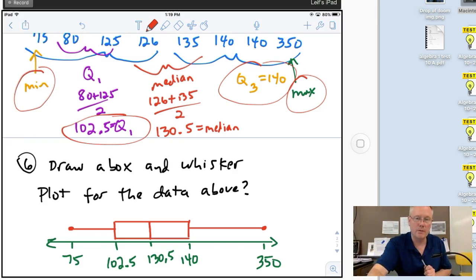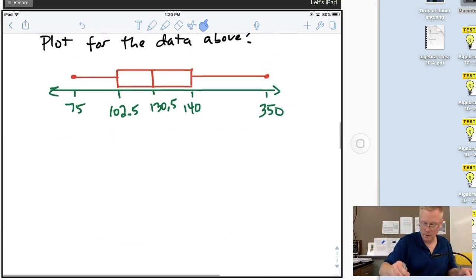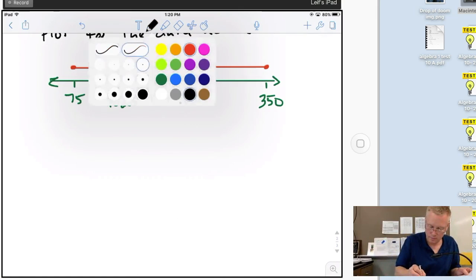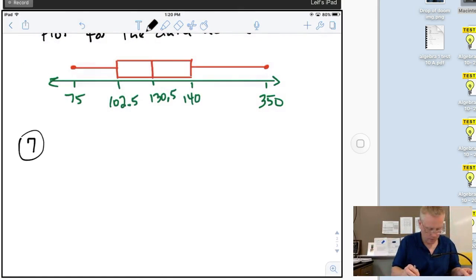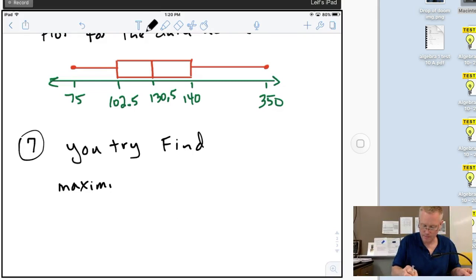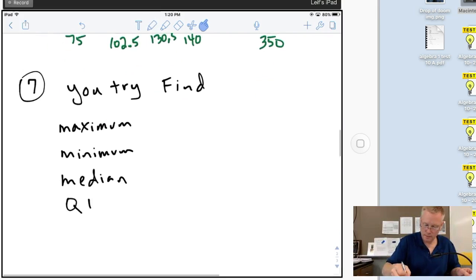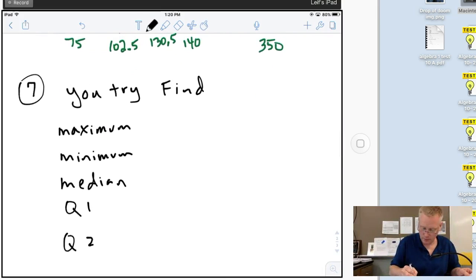All right, I'm gonna have you try a quick you try. Okay, so number 7, I'm going to have you try. I want you to find the maximum, the minimum, the median, Q1, and Q3.